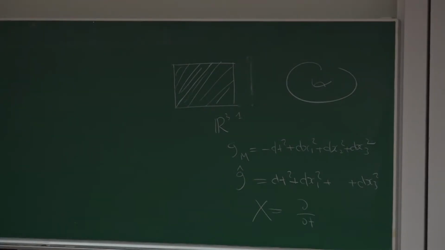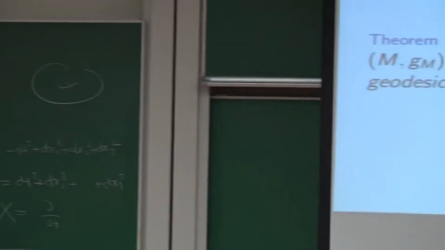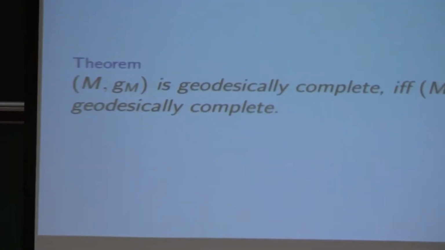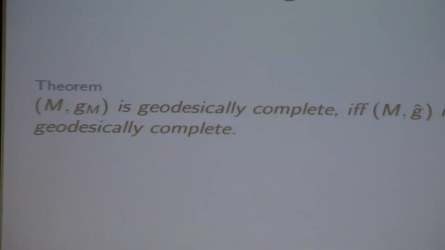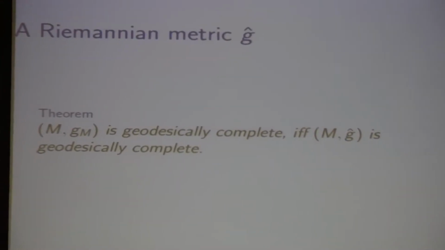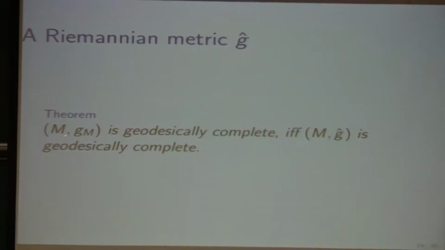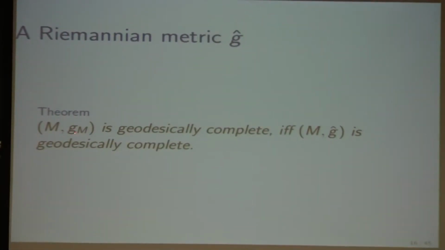This is the idea. So this is an important theorem for us. It says the following: the Lorentzian manifold is geodesically complete if and only if the Riemannian manifold is geodesically complete. I will use this in a moment.